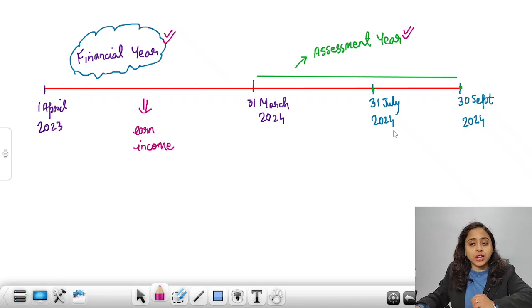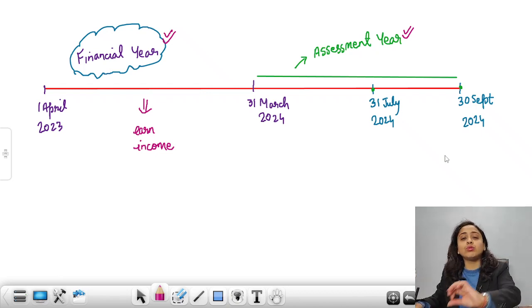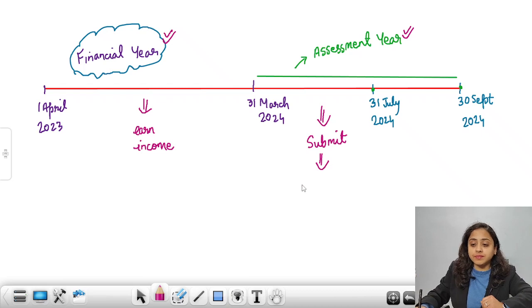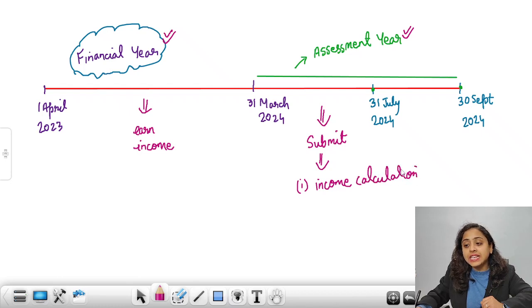Okay, the 31st July 2024, 30th September 2024. These are the due dates by which you have to do a particular ITR filing. Here, in the following year, the person who is earning taxable income is required to submit a form to the government, okay, in an online portal, the income tax portal. Now, it has to submit incomes, calculation, and it is required to submit tax calculation.